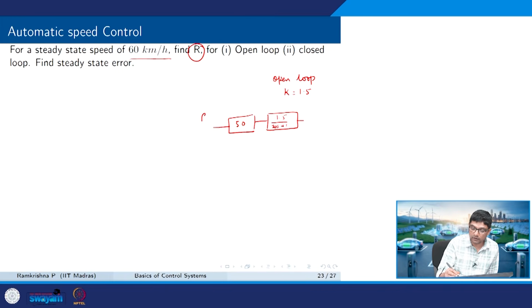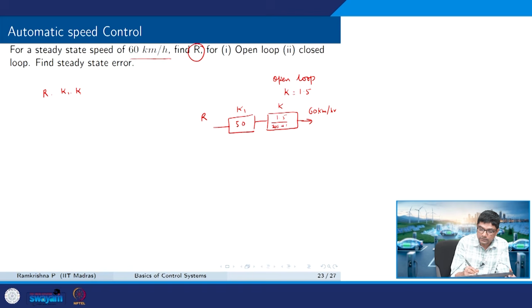Then I have the R, and what I want is the steady state speed here of 60 kilometers per hour. Okay, which means I have R times, if I call this K and this K1, R times K1 times K is 60.